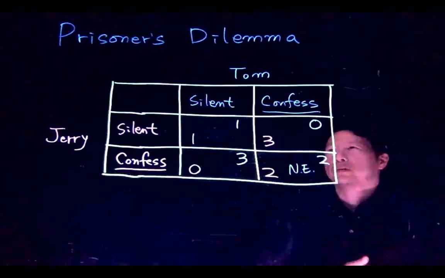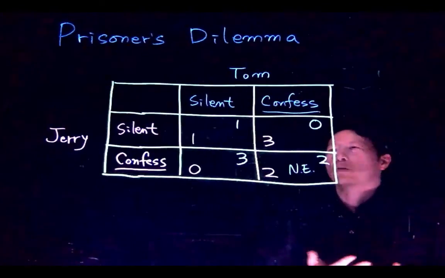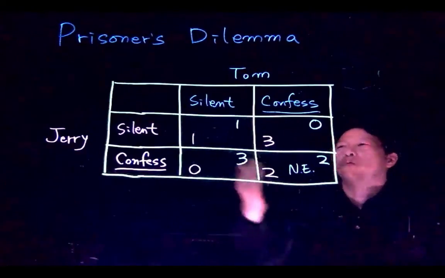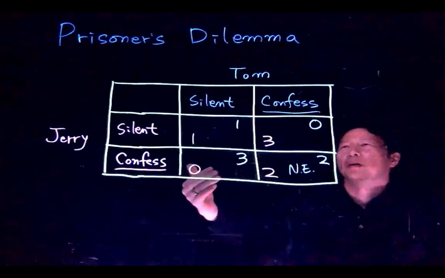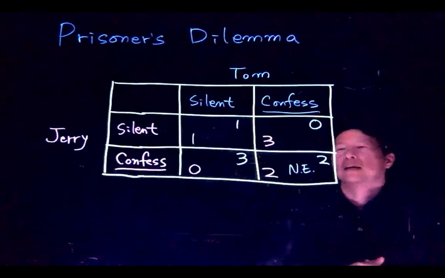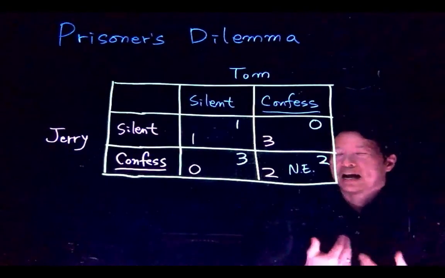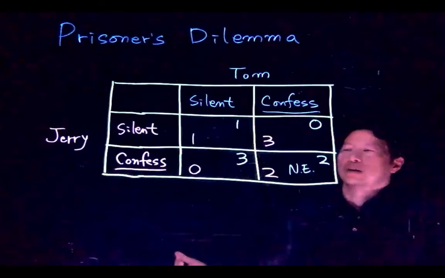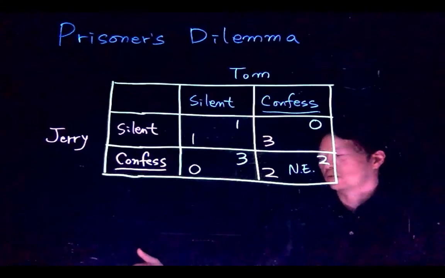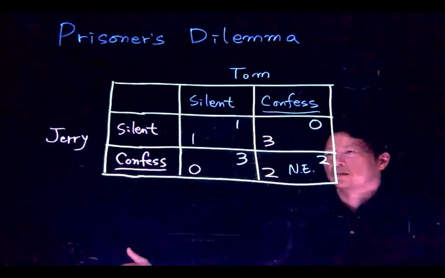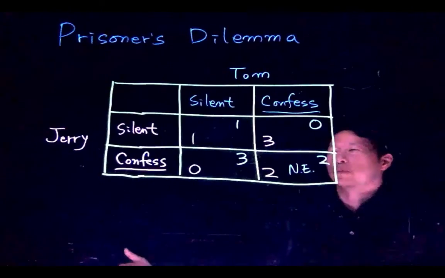But when advertisement was allowed, why did they have to advertise? Because if one company advertises in a TV commercial and the other one doesn't, the advertising company will have a lot of demand and make a lot of money, and the company that doesn't advertise will lose a lot of money.